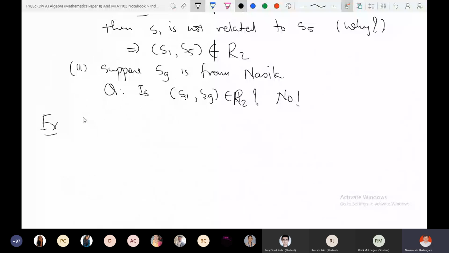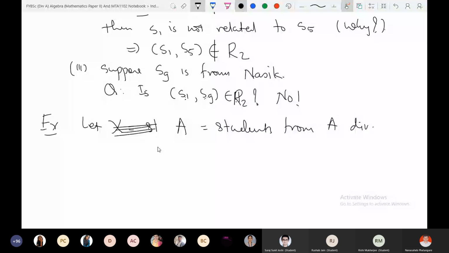Okay, let me give you one more example. Let me give the very precise notation. A is students from A division. What is B? Students from B division. Now I will take different sets.